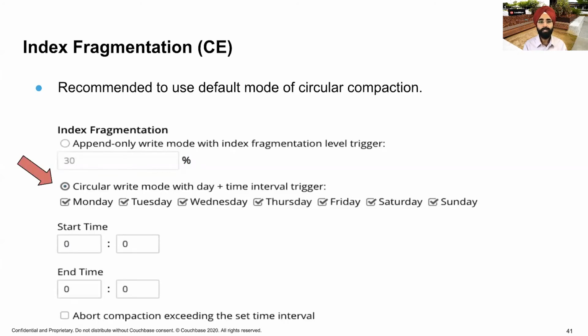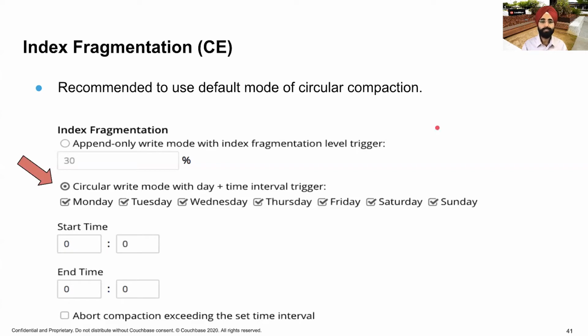On the community edition, it is recommended to use the default mode of circular compaction. This allows the storage system to reuse the stale entries on the disk, and it's a much more optimal way for the storage engine to work.